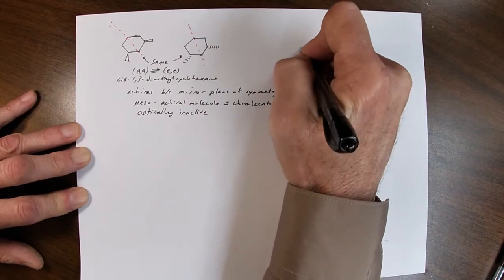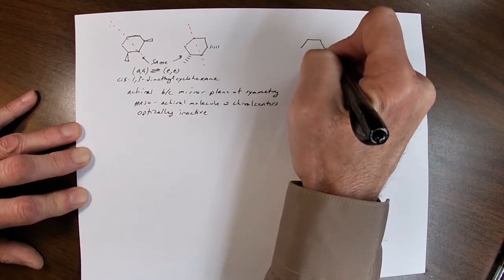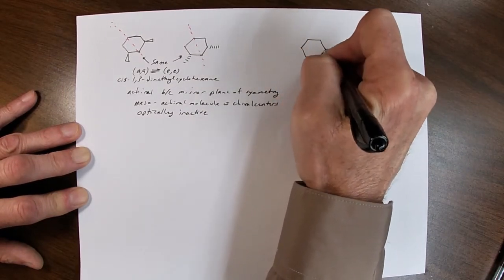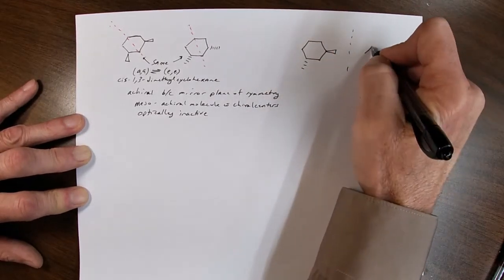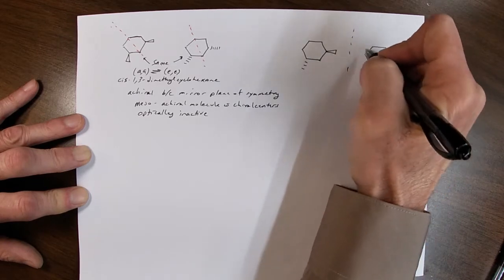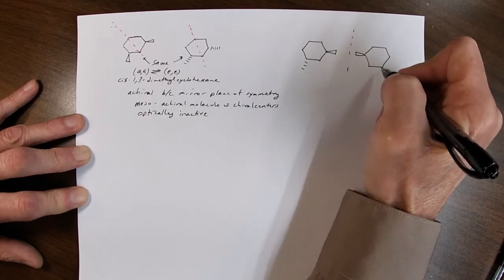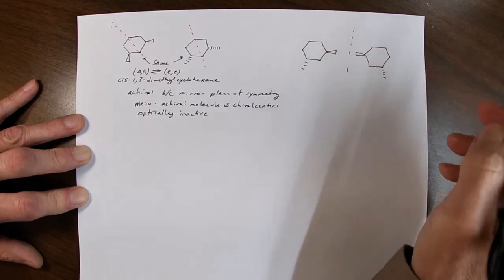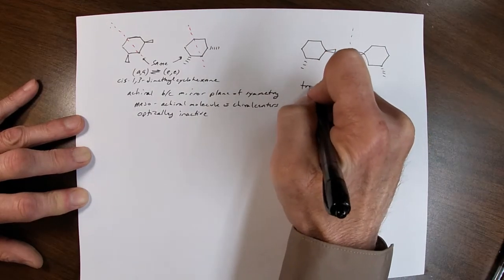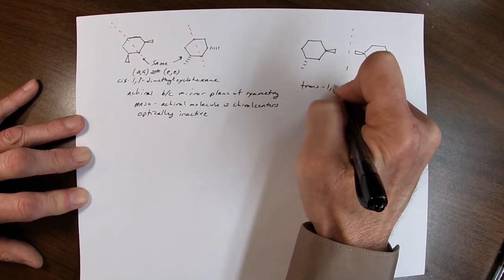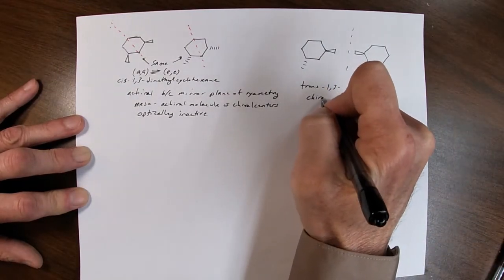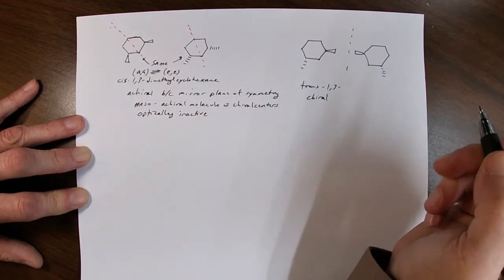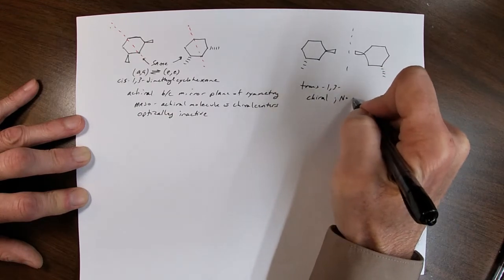If you look at the trans 1,3, again, it can exist as a pair of enantiomers. And I'm going to draw these as the mirror image. So this is your trans 1,3. And again, this is chiral. There is no mirror plane of symmetry.